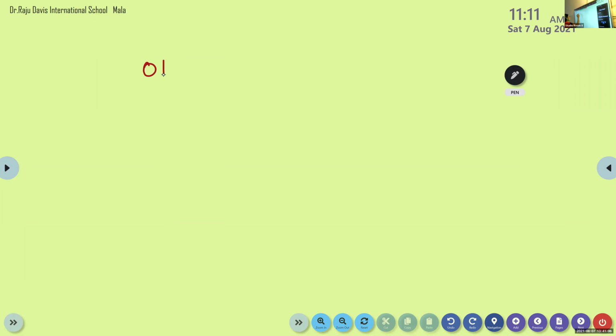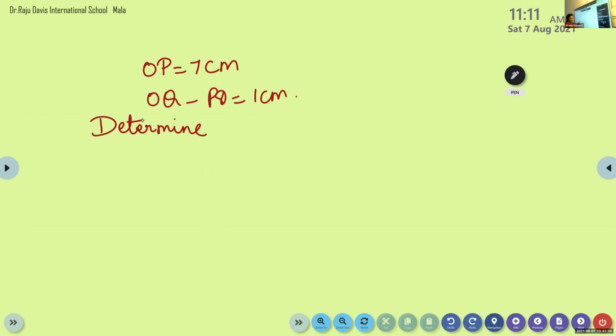OQ minus PQ is 1 centimeter. Determine sin Q and cos Q.